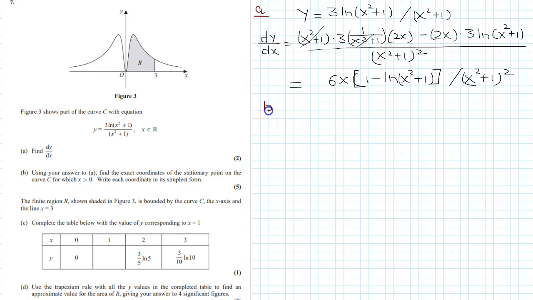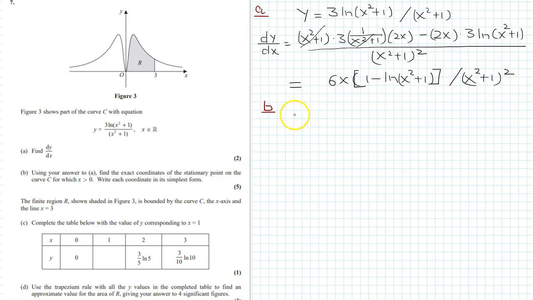Part B. Using your answer to part A, find the exact coordinates of the stationary point on the curve C, for which x is greater than 0. Write each coordinate in its simplest form. So we already found dy over dx. Coordinates of the stationary point means dy over dx is 0.